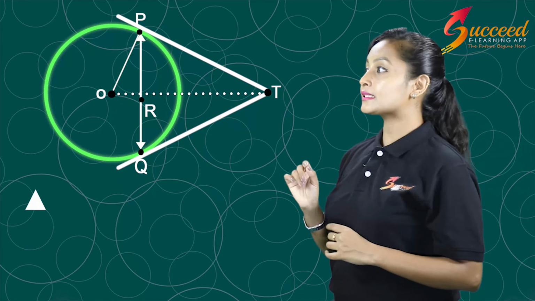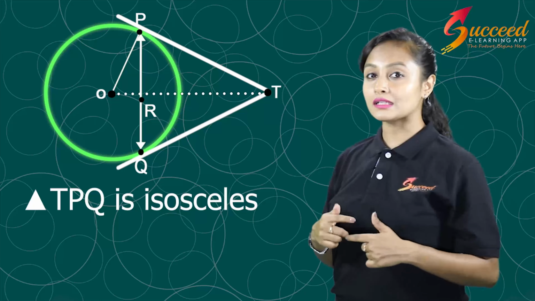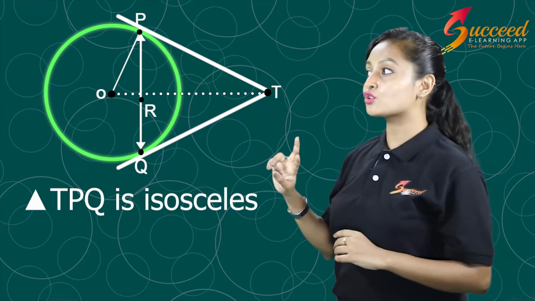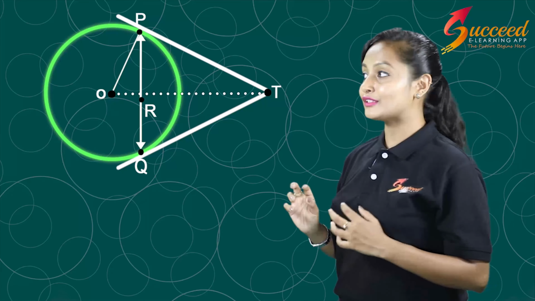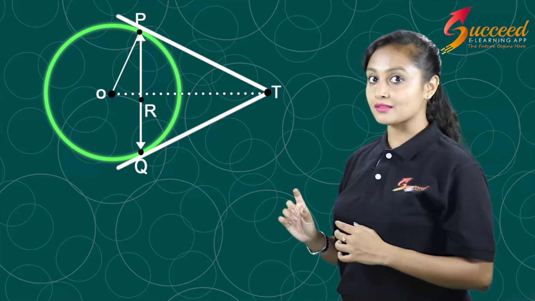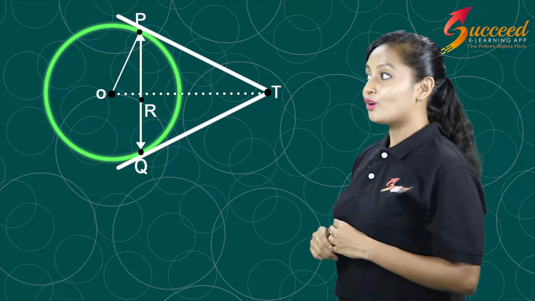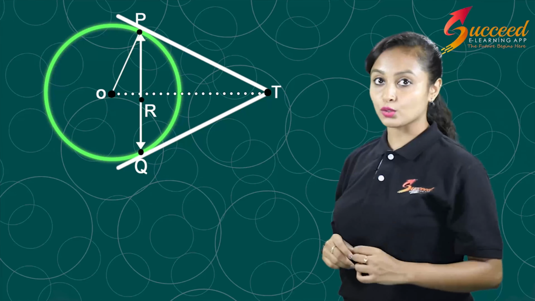Then triangle TPQ is isosceles because we also learnt in a previous problem that OT is a common side to both the triangles OPT and OQT. Therefore, both of these triangles are isosceles triangles. Now, OT is the angle bisector of the angle PTQ.